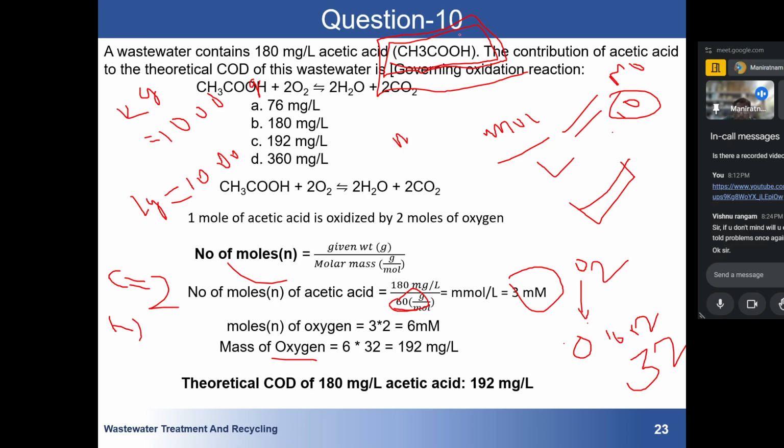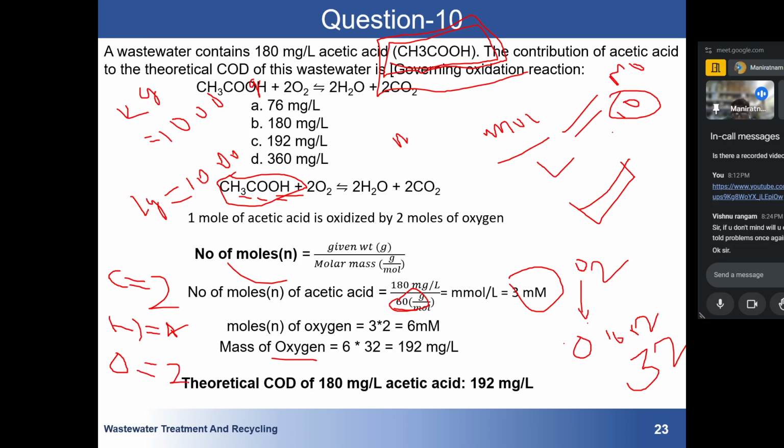Just focus on this formula, the numbers are subscripts. Three hydrogens here and one hydrogen here, so total four hydrogens. And how many oxygens are there? Two oxygens, this one and this one.